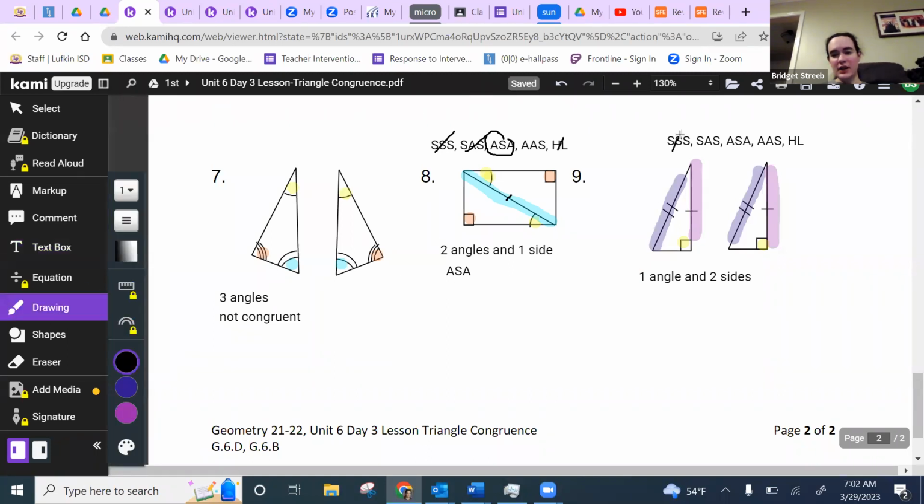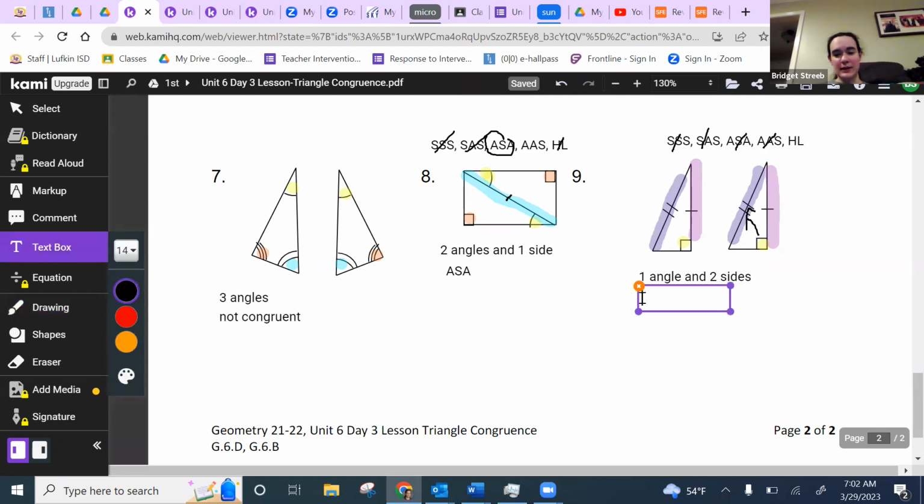So one angle and two sides, that automatically gets rid of these three. We have this yellow, it's not included between the blue and the purple. But we have a right angle and the side across from the right angle and another side. So we do have HL, we do have hypotenuse leg.